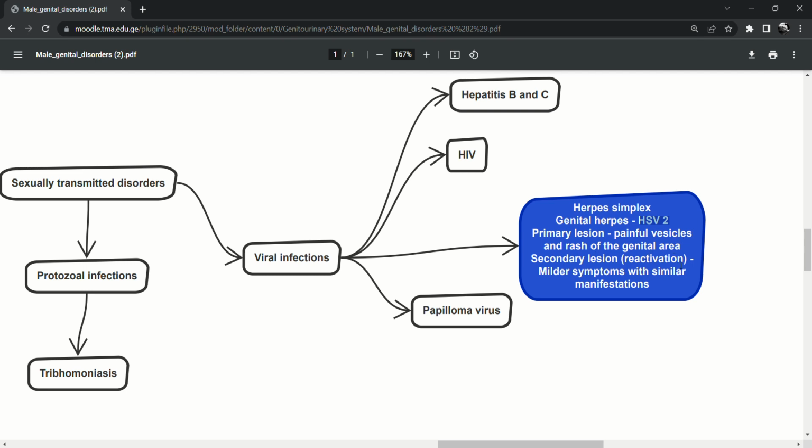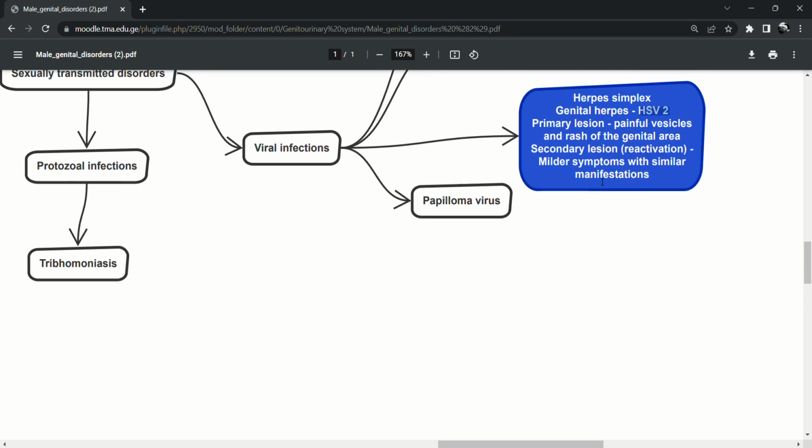Secondary lesion: reactivation, milder symptoms with similar manifestations. Usually if HSV1 is transmitted during oral intercourse from the patient's infected mouth to the genital area, it can also cause genital herpes. So HSV1 can also be a causative agent for genital herpes.